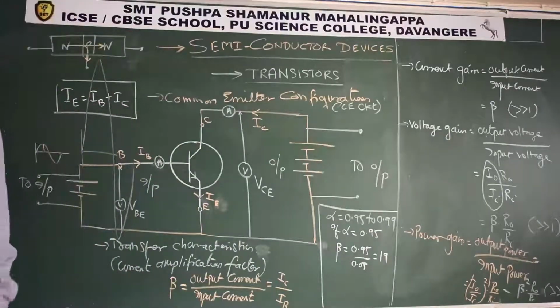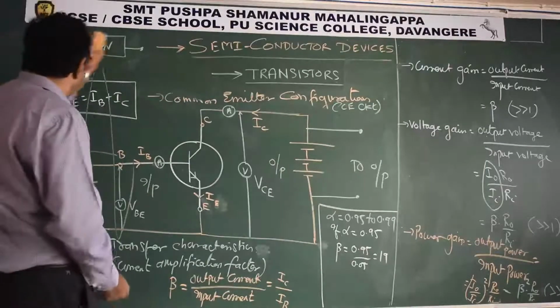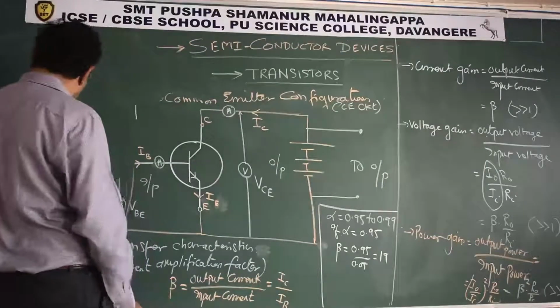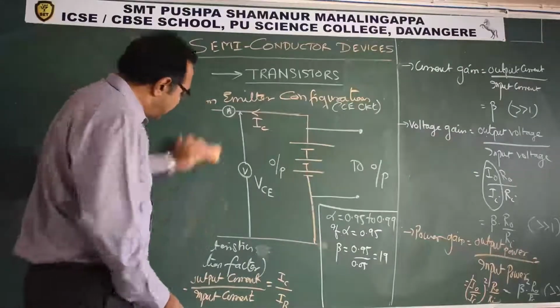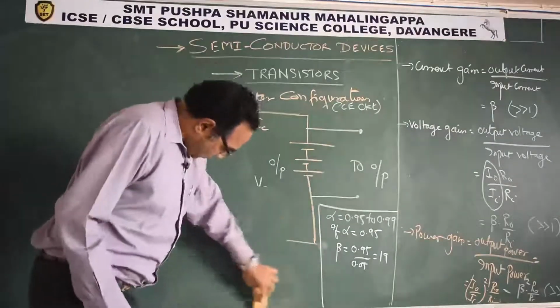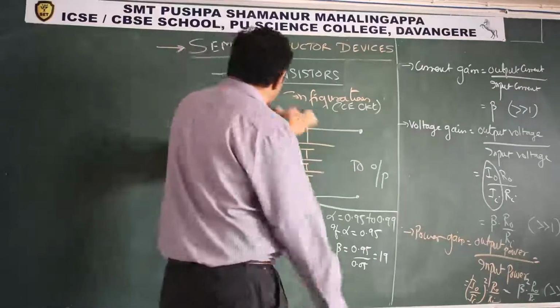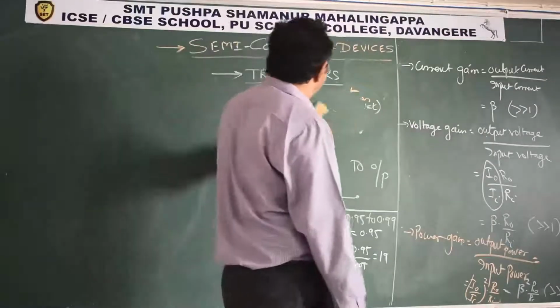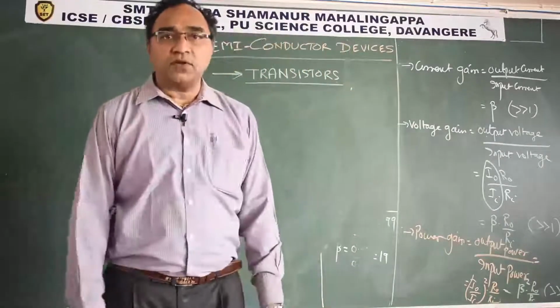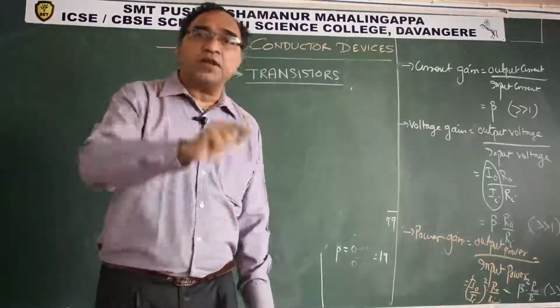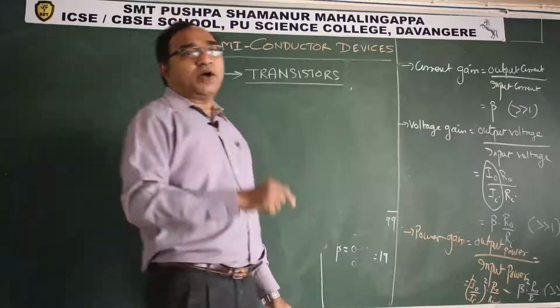Well students, then the common collector configuration. When we talk of common collector configuration, we don't have anything as such. Why? Because in common collector configuration, the collector forms the input.